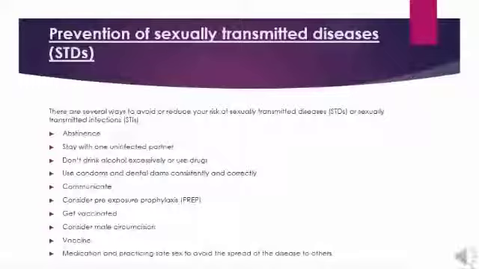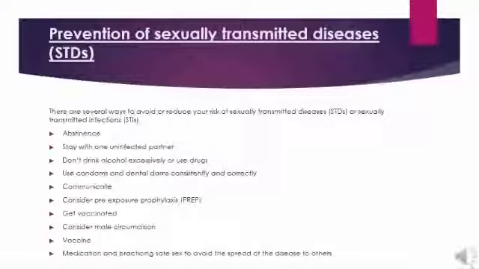Then get vaccinated. Getting vaccinated early before sexual exposure is also effective in preventing certain types of sexually transmitted diseases. Vaccines are available to prevent human papillomavirus, hepatitis A, and hepatitis B. 8. Consider male circumcision. Male circumcision can help reduce a man's risk of acquiring HIV from a woman who is infected, heterosexual transmission, by as much as 60%.